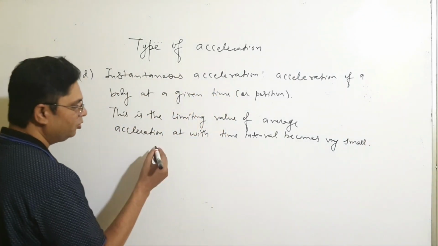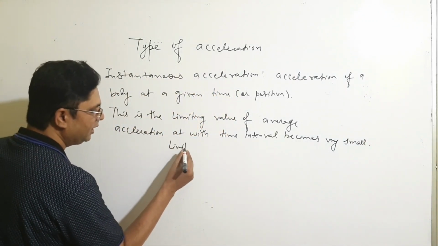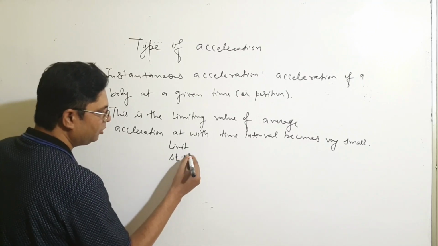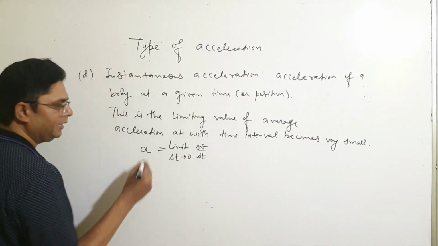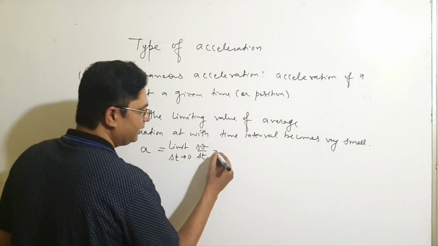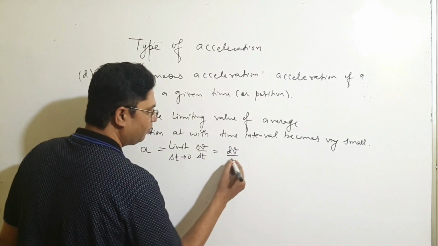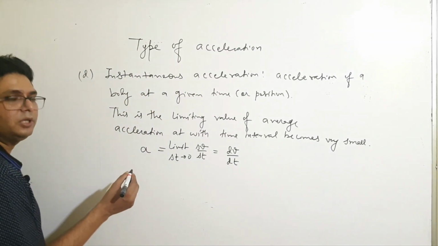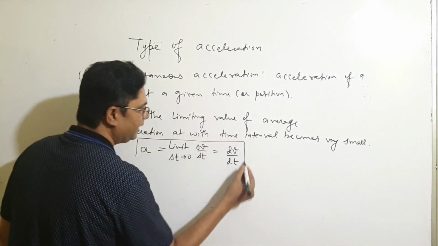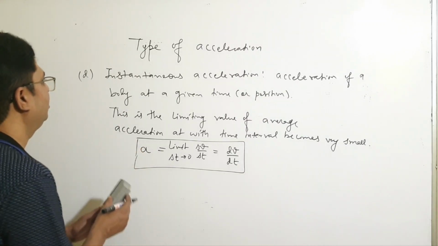So you can write limit delta t tends to 0, delta v upon delta t. This is instantaneous acceleration, and this is said to be dv upon dt, differentiation of velocity with respect to time.